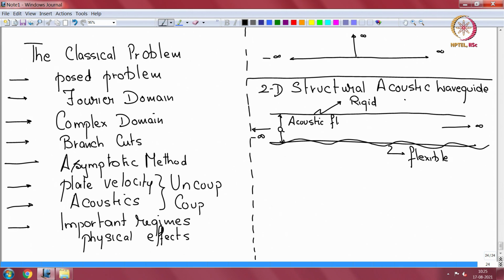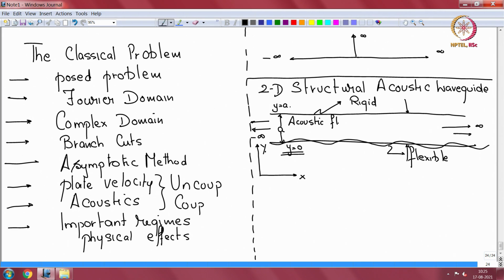In this direction it is bounded. In the other direction it is infinite, but in this vertical direction it is bounded. Let me say my coordinate system happens to be x in this direction, y in this direction. The bottom is my y equal to 0, the top is y equal to a.